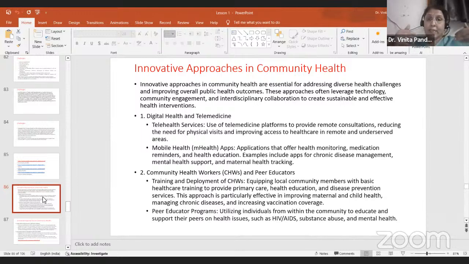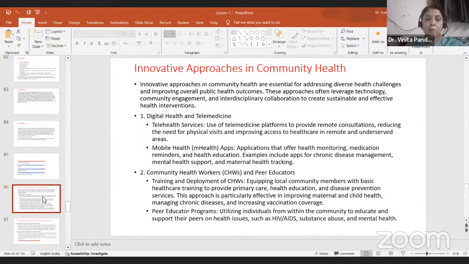Until and unless you involve the community, especially when it comes to tribal and rural communities, you will not be in a position to prevent diseases. By involving the community, we are not only bringing awareness and educating them, but also facilitating that primary care is being provided.